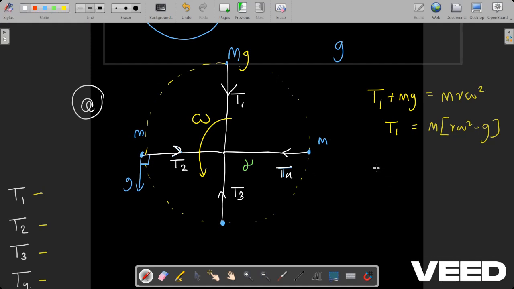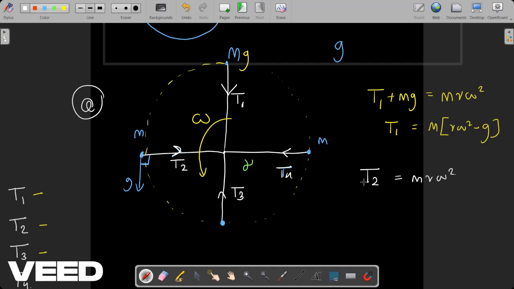So the T2 force is the only unbalanced force at the center of the orbit. So therefore T2 equals again m r omega squared, rotating at the same velocity, right? So can we take T2 as the maximum tension, is it? Right? Still too early to decide.